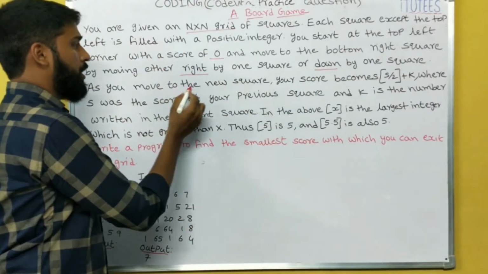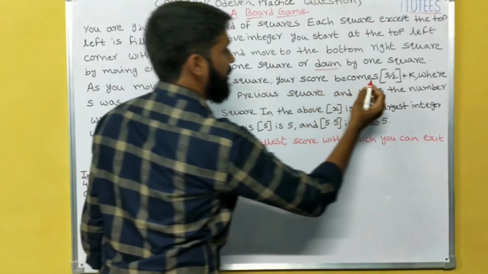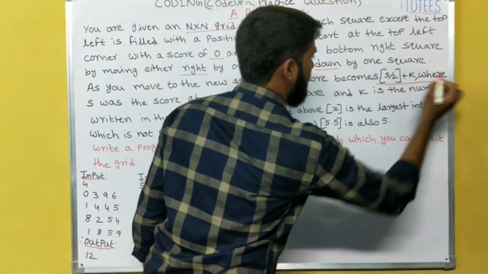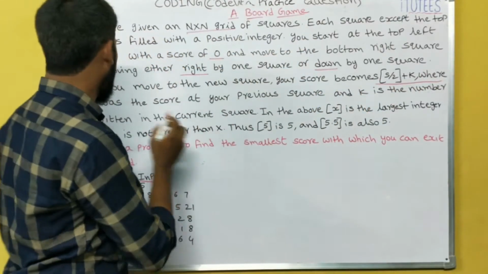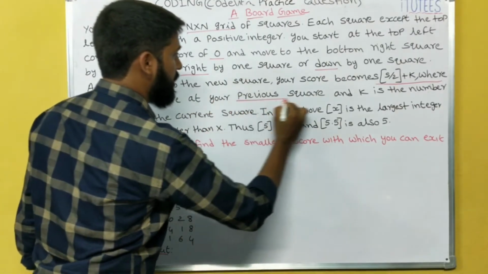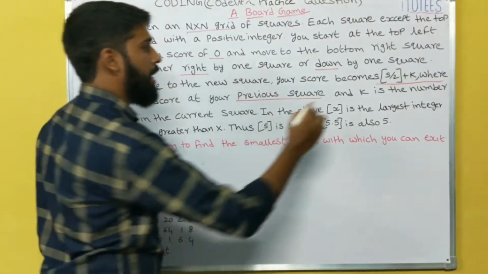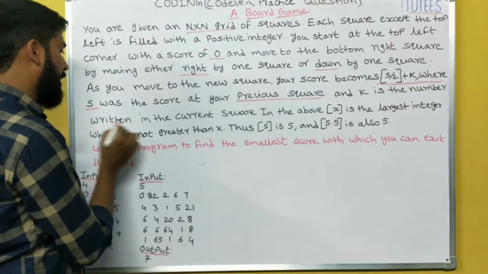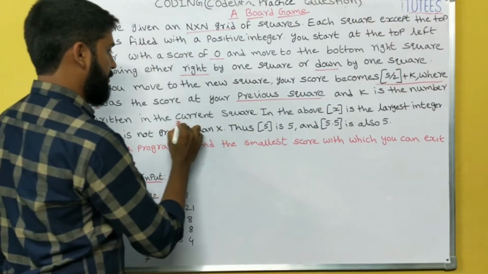As you move to the new square, your score becomes floor(s/2) plus k. So s was the score at your previous square and k is the number written in the current square.